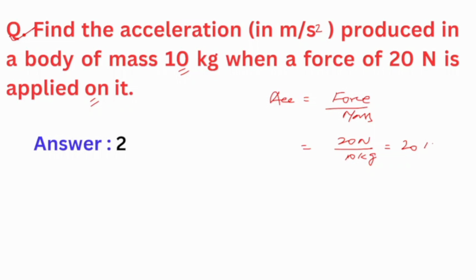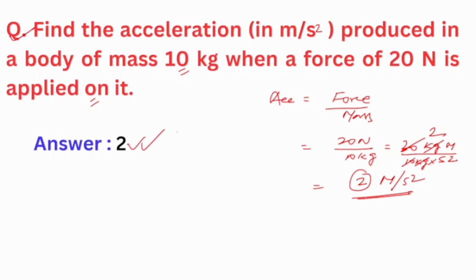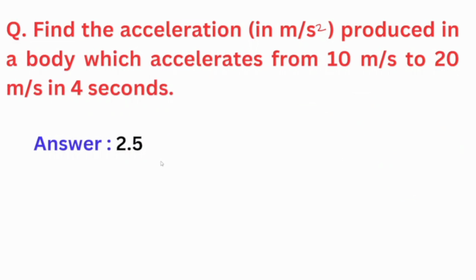So we can write kg meter per second square, and here it is already 10 kg. So you can see it is 2 meter per second square. Okay, so your answer is 2. Understood. Let's move on to the next question.